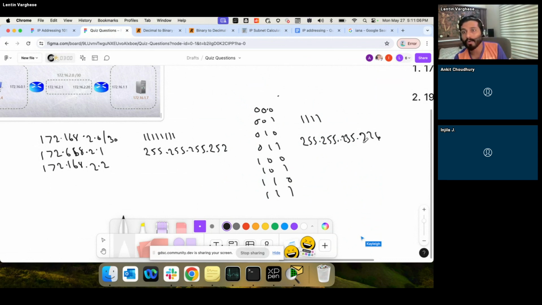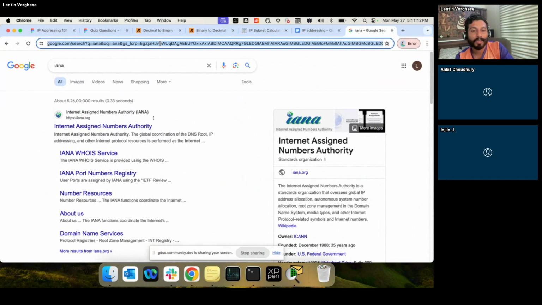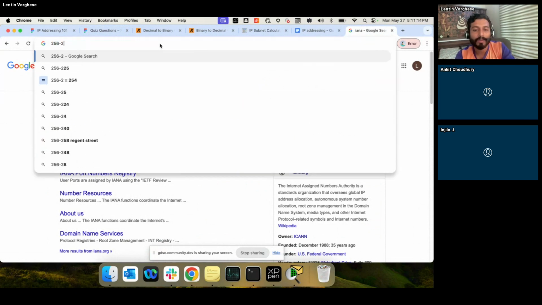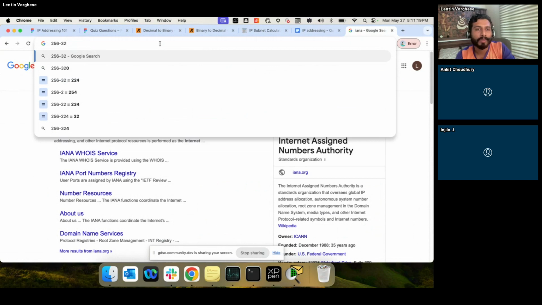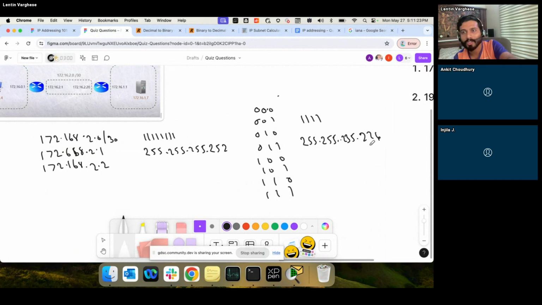We need a block of 32. And if you reduce 32 from 256, we get 224. All we have done is choose a block size, and by reducing that block size from 256, we choose 224.